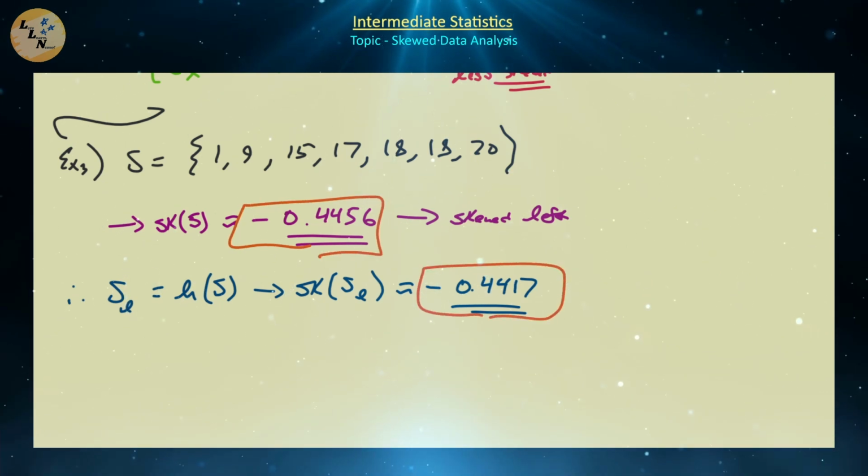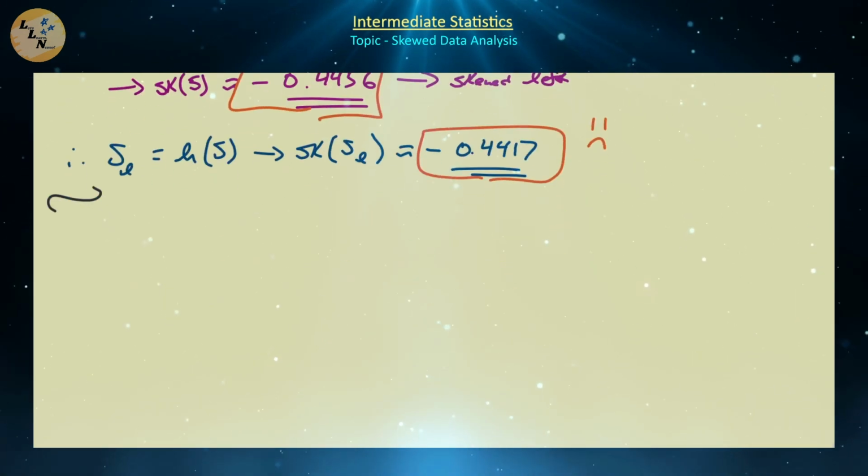In particular, it gets closer to 0 in terms of magnitude, but the skewness does not dramatically change anything in this particular sense. And in some cases, the natural logarithm of a skewed left data set will actually make the skewness worse than it was before. Okay, so at least from the logarithmic perspective, from the practical sense, the following principles should be kept in mind.